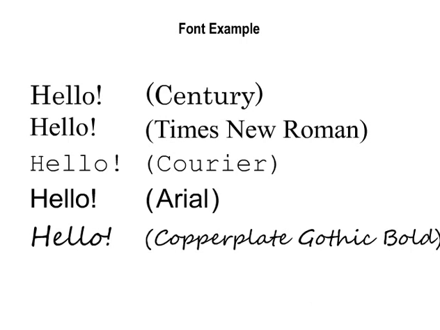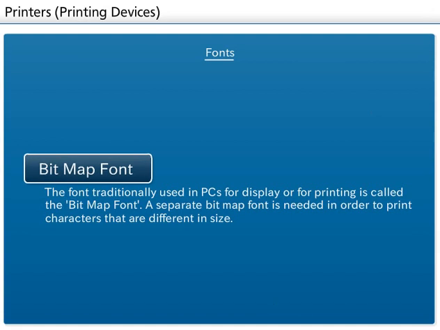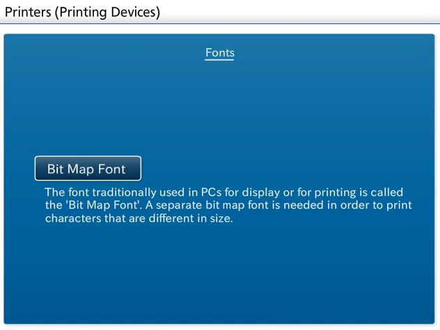Fonts. There are various shapes of characters such as Century and Courier in the characters we read. The character shape is called a font. The font traditionally used in PCs for display or for printing is called the bitmap font. A separate bitmap font is needed in order to print characters that are different in size.